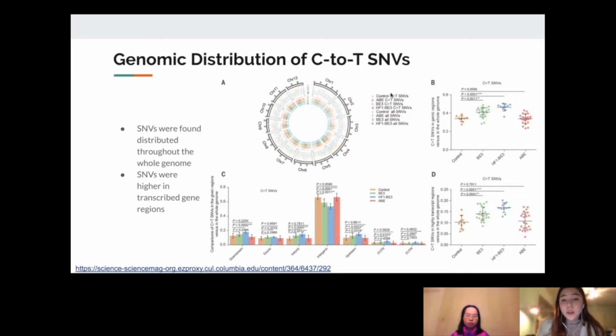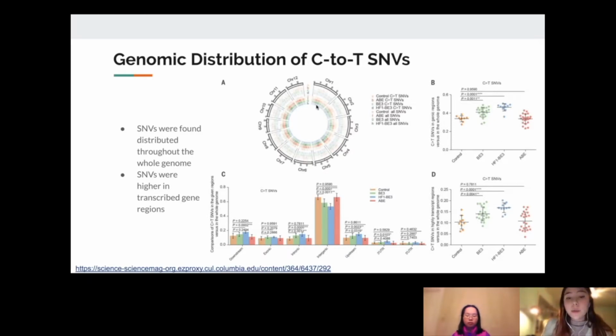These bands of color correspond to a differently transformed rice plant. So we have the control C to T SNVs, and then we have the rate of C to T conversion for the plants that are transformed with the adenine base editors and the cytosine base editors, both with and without single guide RNAs.